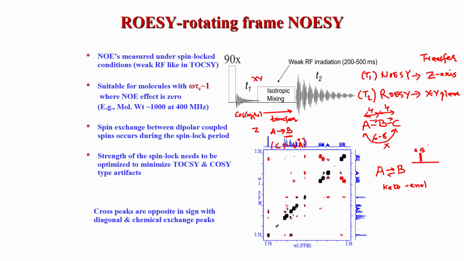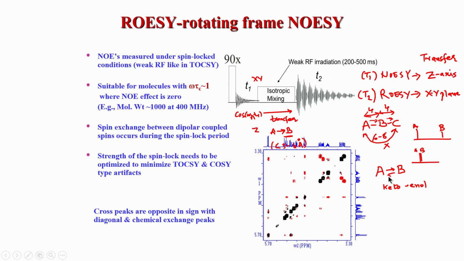But if A and B are far away, if A is well separated from B, then we can decide whether the exchange is slow, fast, or somewhere in between, which is called intermediate. So, we use words like fast exchange, slow exchange, and intermediate exchange, and all of this is very important in biomolecules, because biomolecules are constantly in exchange between different states of the same molecule.